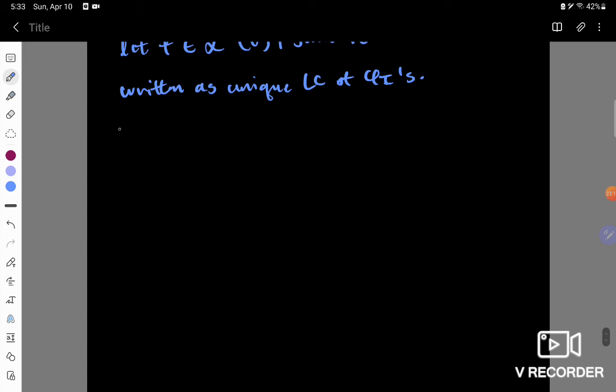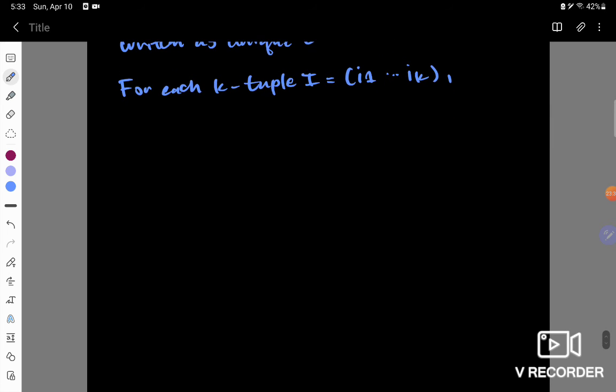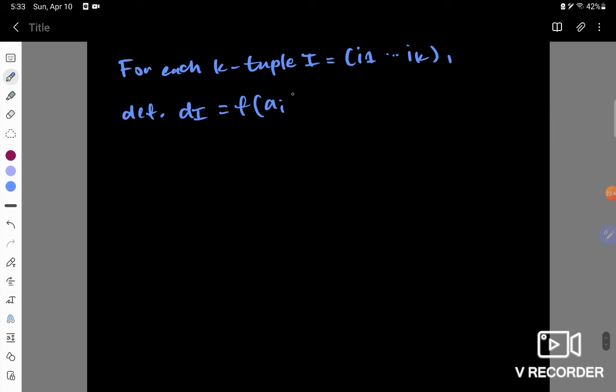So we can define a scalar that F maps for each k-tuple of basis elements according to this index set I. So for each k-tuple I equals I sub 1 through I sub k, define the scalar d sub I equals how F acts on the corresponding basis elements indexed by the set I. Hence, a I sub 1 through a I sub k.